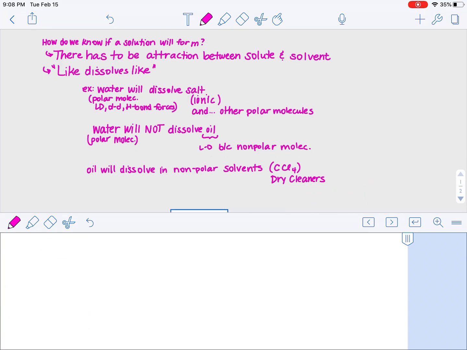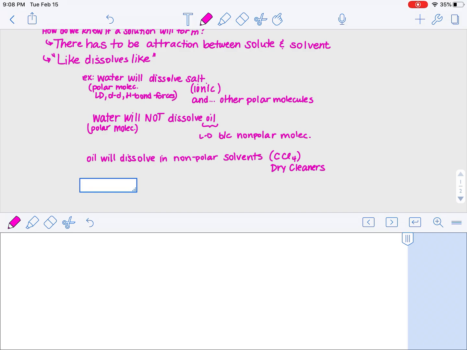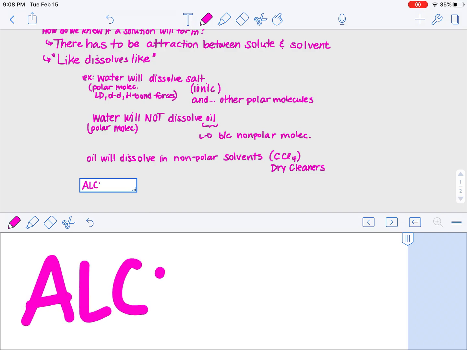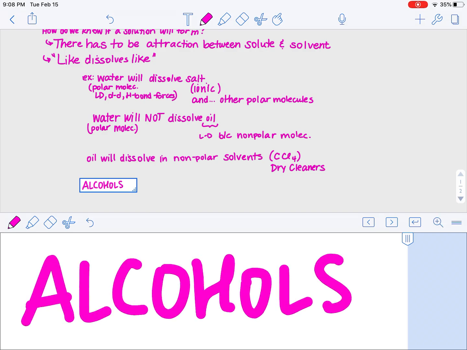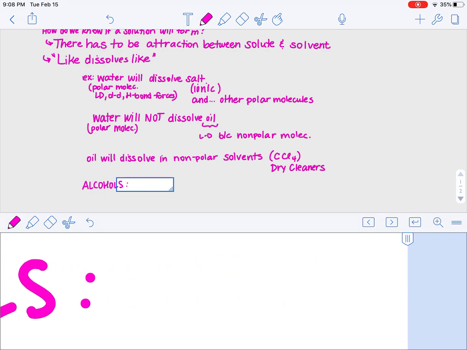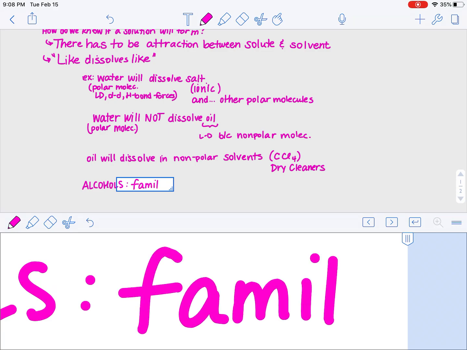Finally, the last category of chemicals that we need to talk about are alcohols. Alcohols are unique because they are a family of chemicals that have a polar and a nonpolar end. Let's write that down.